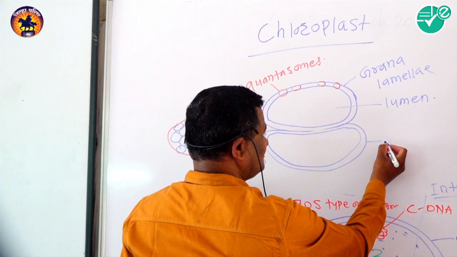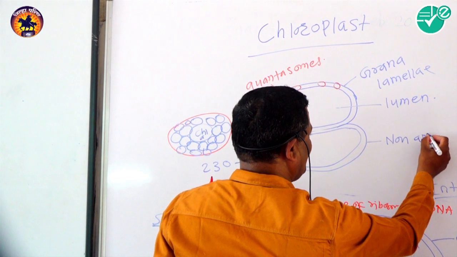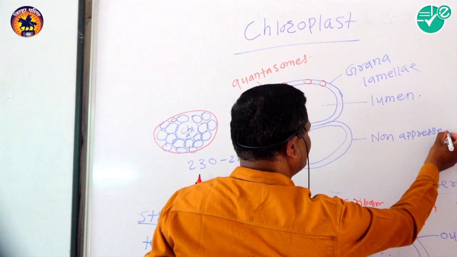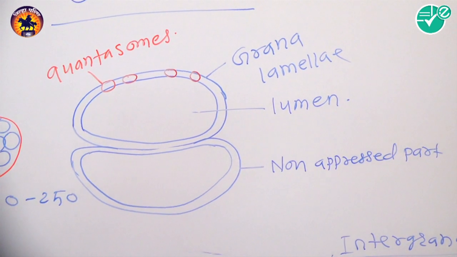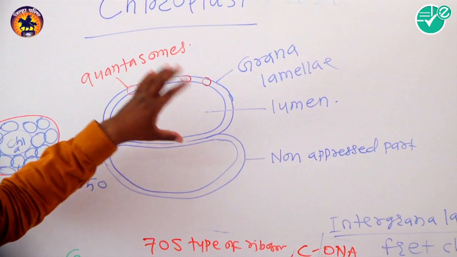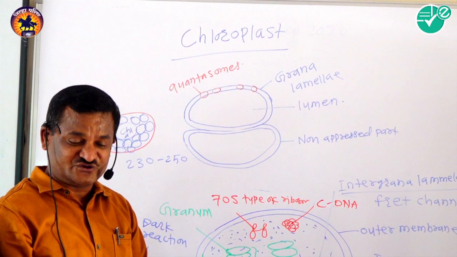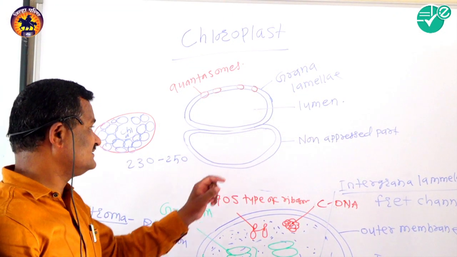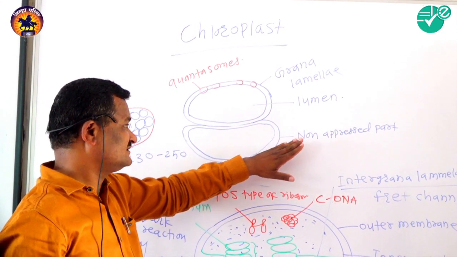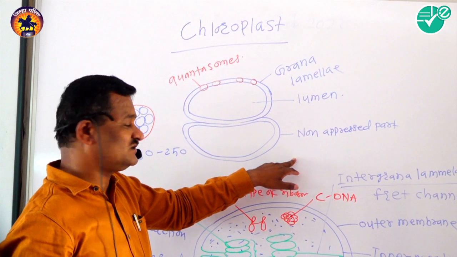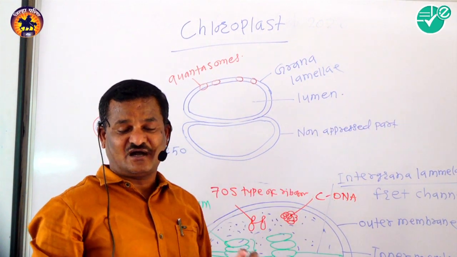Non-appressed part means the outer part of the thylakoid, the part of the thylakoid that does not contact other thylakoids. That part of the membrane faces and contacts the stroma. That part is called the non-appressed part, or outer part, of the thylakoids.